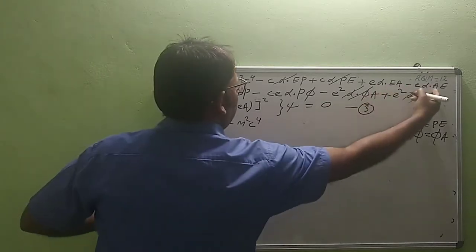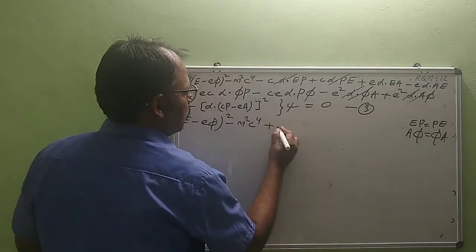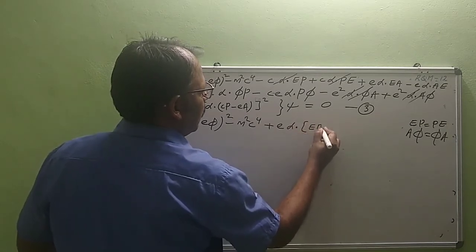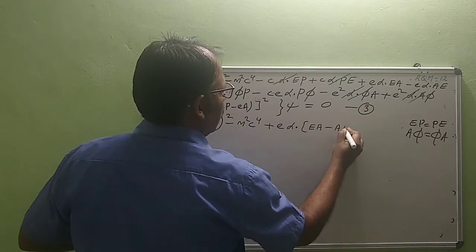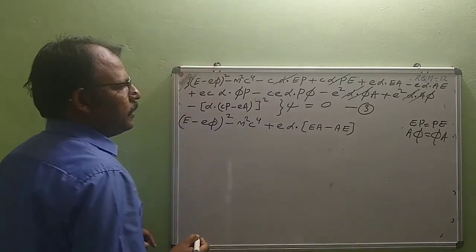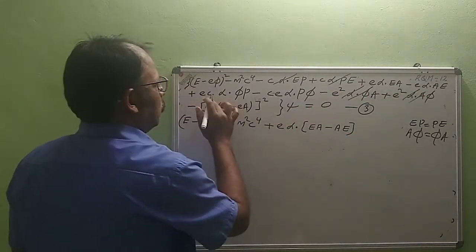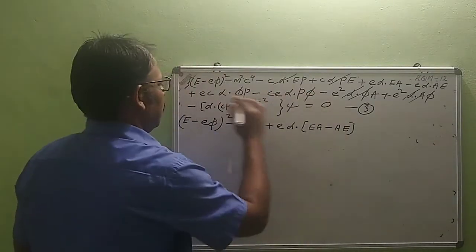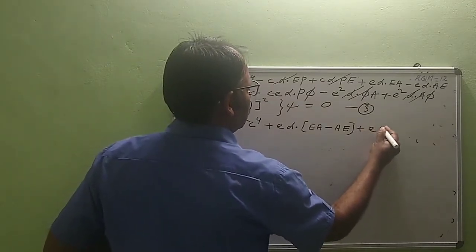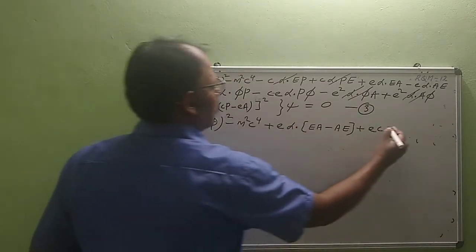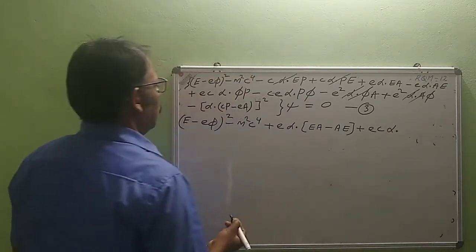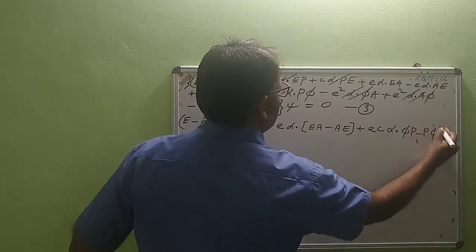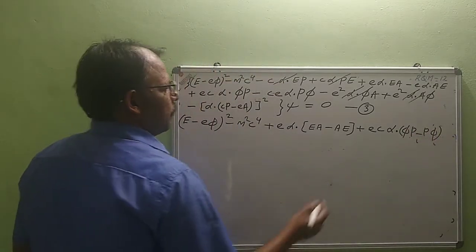Now these two terms we can write as plus E alpha dot (EA minus AE). Now these two terms we can write as plus EC alpha dot (φP minus Pφ).